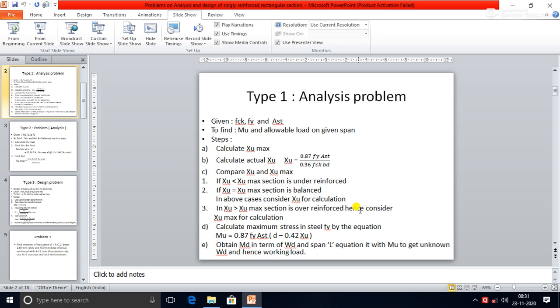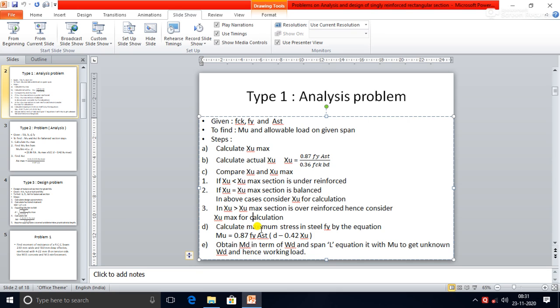Hence, consider Xu max for calculation. These over-reinforced sections are not allowed in the limit state method. So when Xu is greater than Xu max, when there is an over-reinforced section, you have to consider it as a balanced section, and you have to calculate the moment of resistance.